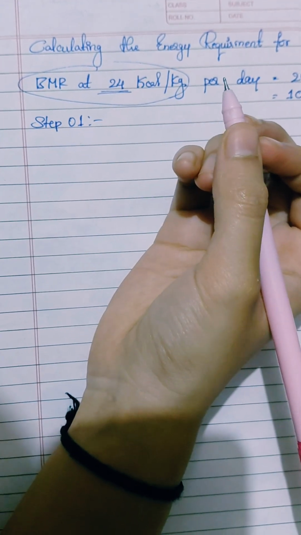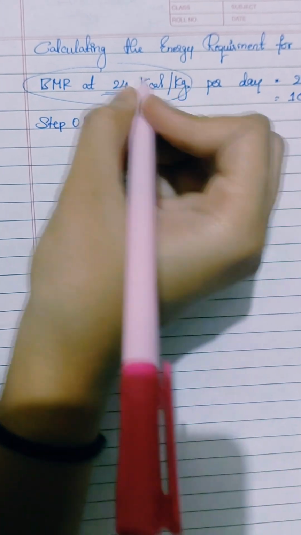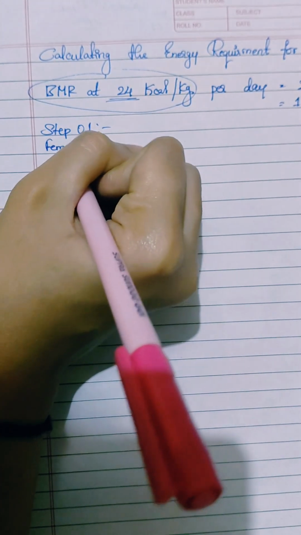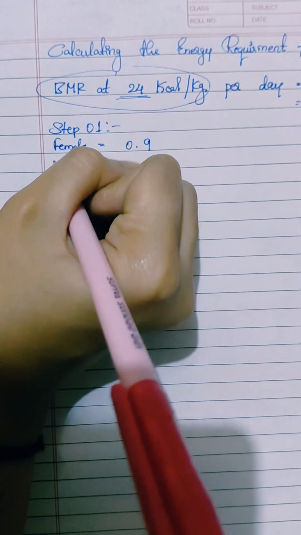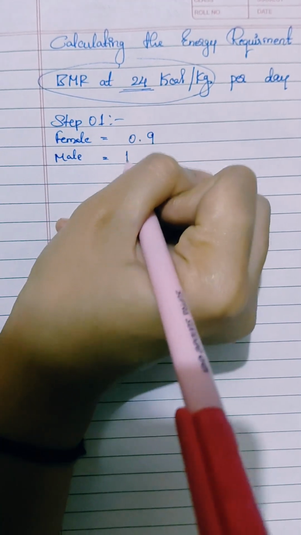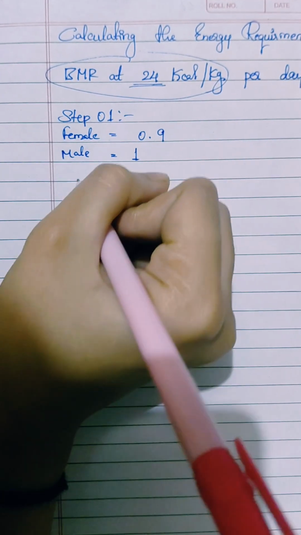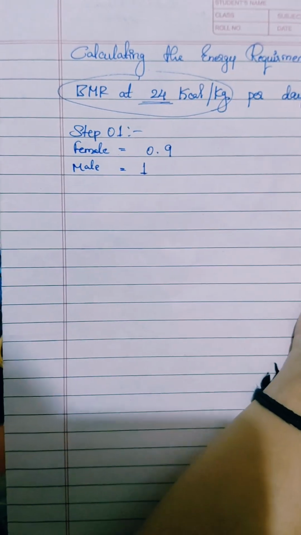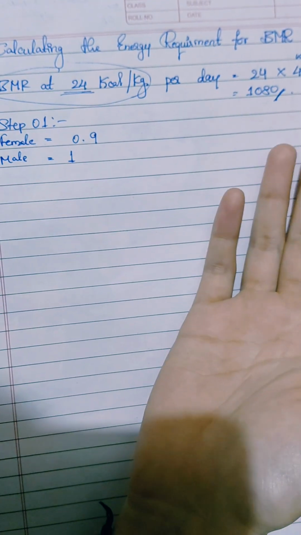So there is a condition in step 1 for BMR: for female, while calculating you should take 0.9, and for male you should take 1. The question might come like calculate the BMR.